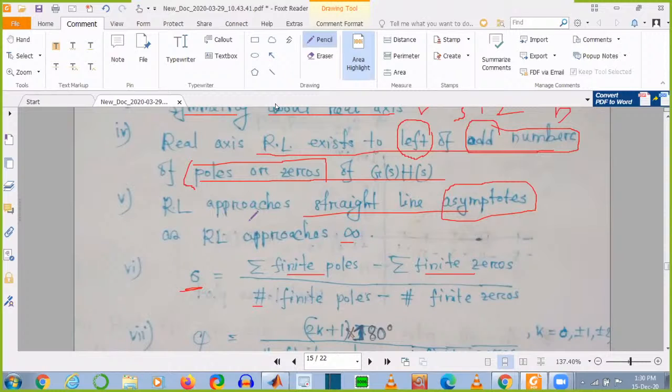So the root locus approaches straight line asymptotes as the root locus approaches infinity. So sigma, here we have, this is sigma.